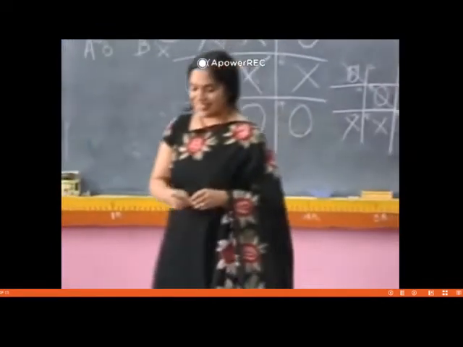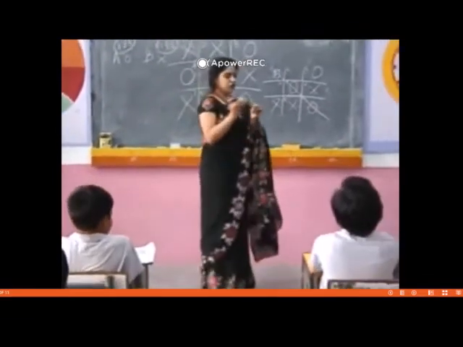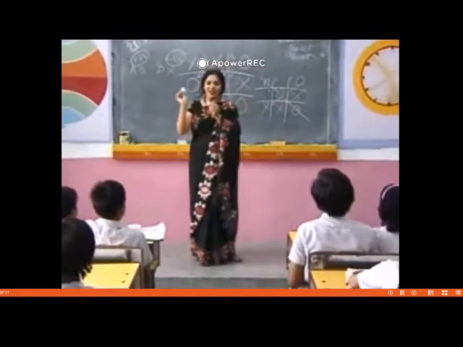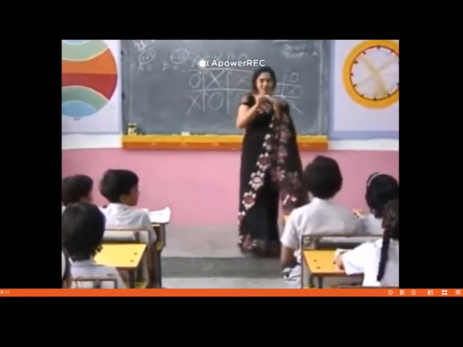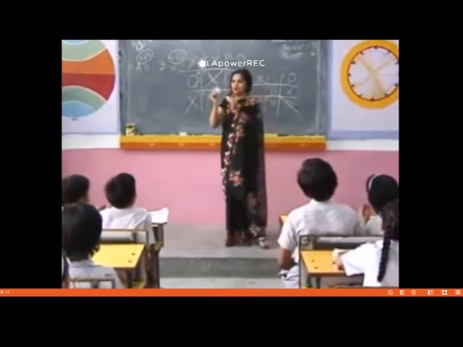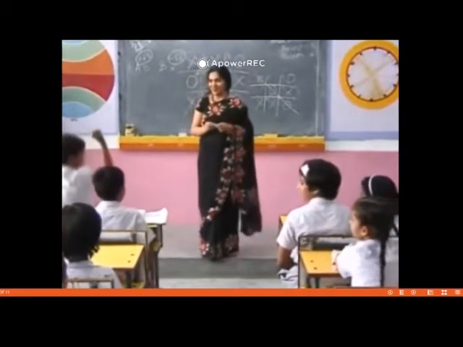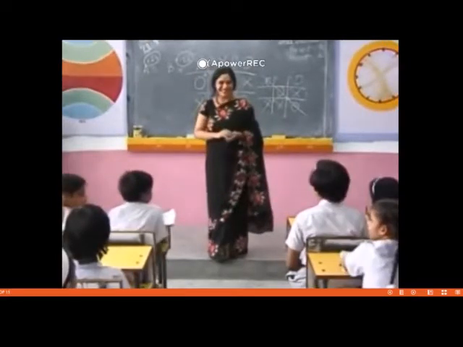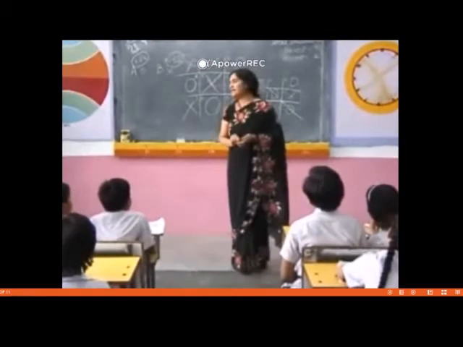Okay, very good. So let's just count and see. 1, 2, 3, 4, and 5 for team A, and 1, 2, 3, 4 for team B. We had 9, so it had to be a tie. Okay, you are also winners. Just clap for everybody.